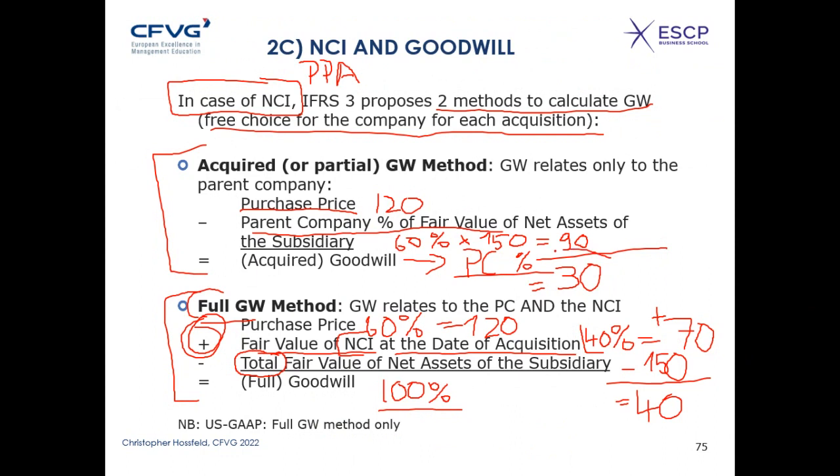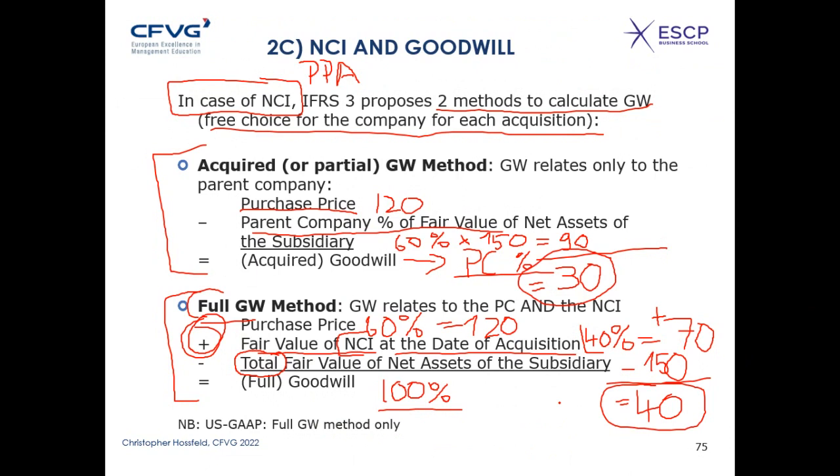Obviously, you see that the partial goodwill will always be smaller than the full goodwill. Makes sense, huh? The partial goodwill is only for the parent company. The full goodwill is for 100%. Therefore, the full goodwill incorporates basically goodwill that relates to non-controlling interest.